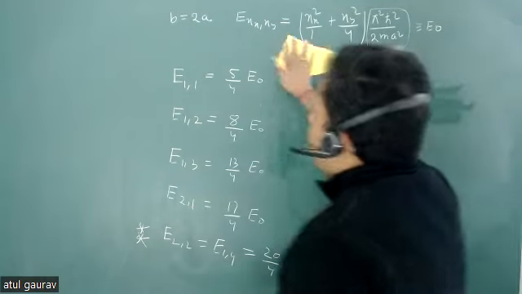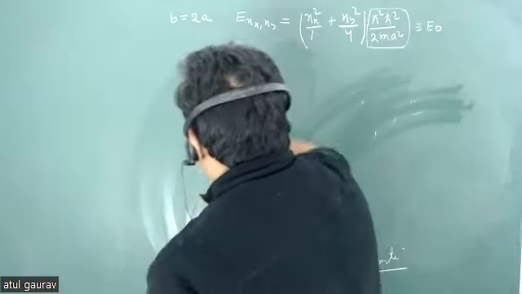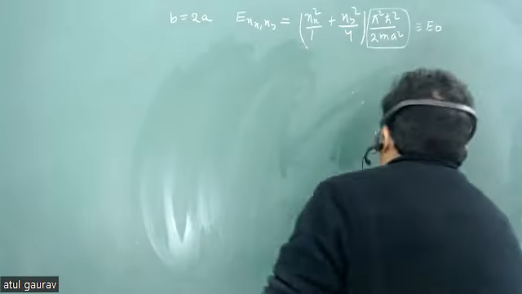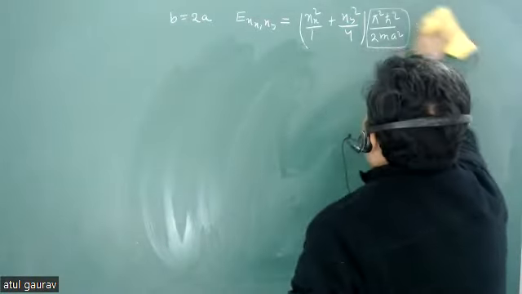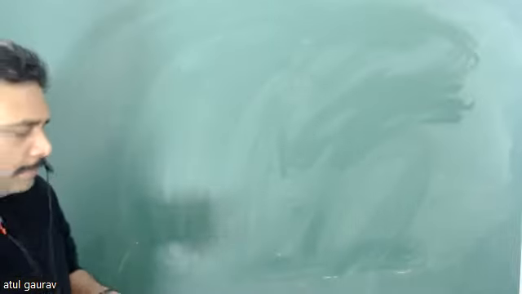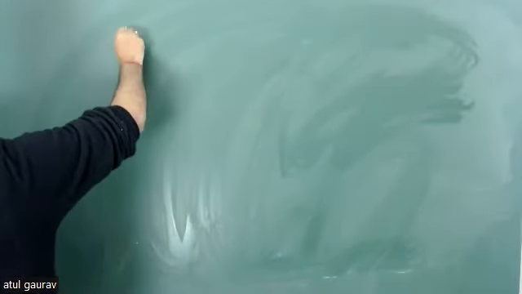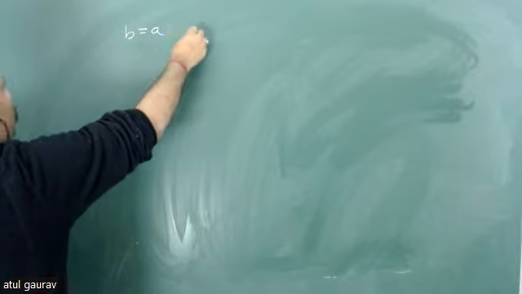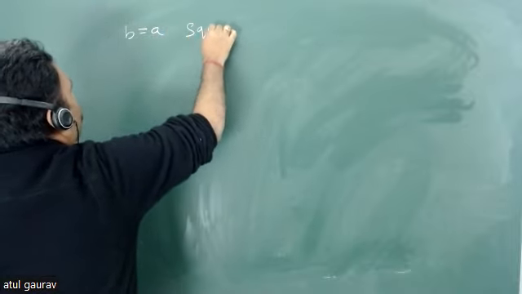So next, if b is equal to a, ये किस तरह का बॉक्स होगा? स्क्वायर बॉक्स ना? स्क्वायर बॉक्स होगा। So if you have b is equal to a, that means you are talking about a square box.